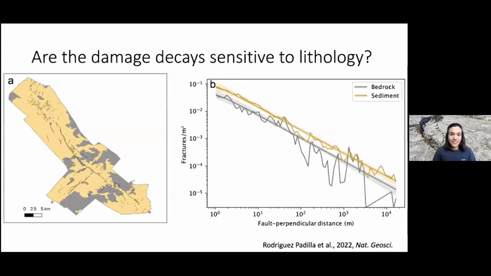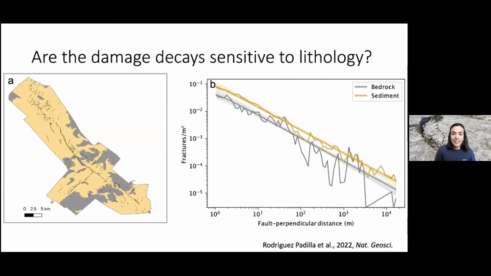Okay, so the next thing we want to do is investigate the sensitivity of these damage decays to lithology. So to do that, we filter through fractures cutting sediment or bedrock. It's important to note, as you can see on our map on the left in A, that the bedrock area we sample is really, really small. So we have very limited data.